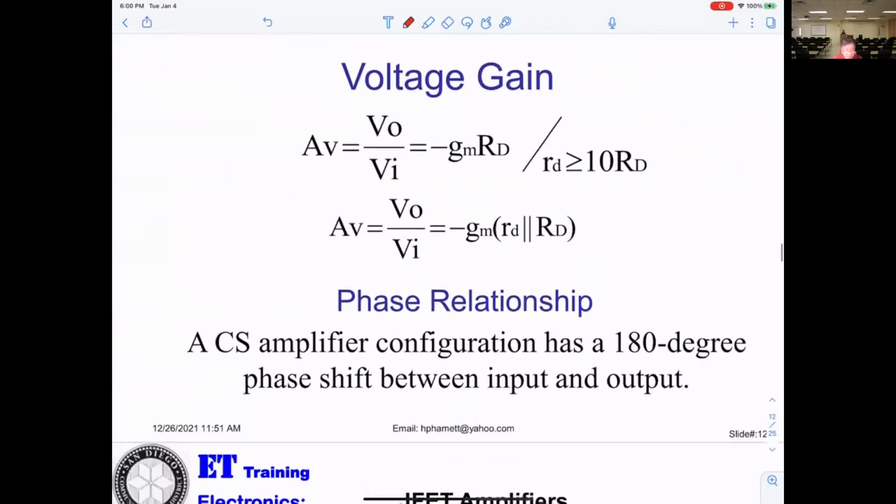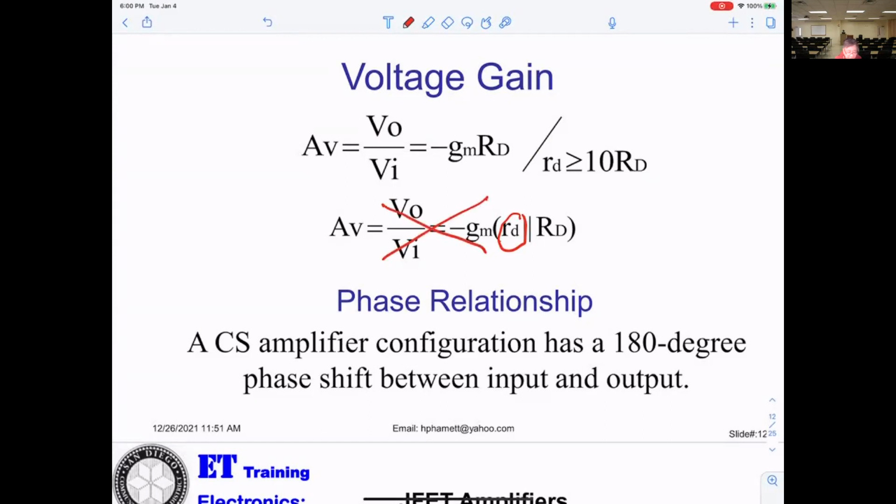Now if you look at this formula, they gave you how to calculate the voltage gain. It will be minus GM times RD. And if they include small rd, then you have to calculate small rd parallel with big RD. But what I'm saying is we don't need that.